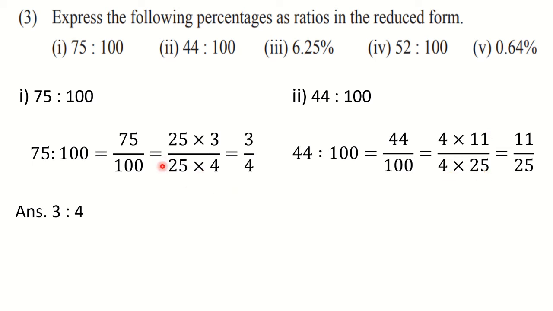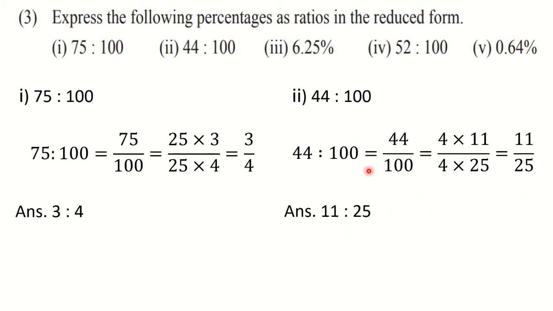You will see that everywhere you will get the same factors. 25 and 4 are the common factors used for 100. So you can see that these two factors are the same. Again this 4 will get cancelled and your answer is 11 upon 25, that is 11 is to 25.